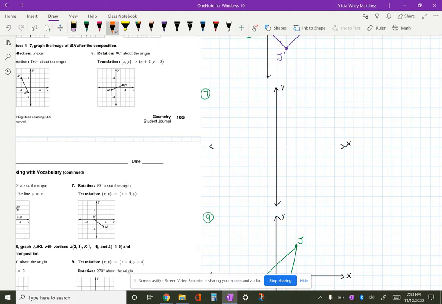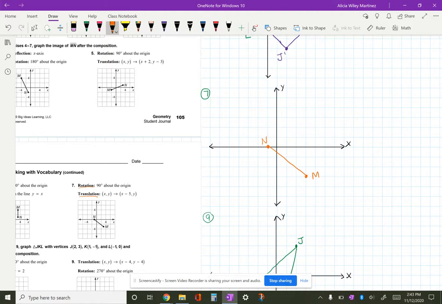It looks like we're at -1, 0 for N, and then we're at 3, -3 for M. And then this is just a segment that you have to transform. So you're going to do two transformations. You're going to do a rotation and then you're going to do a translation. So I'm going 90 degrees counterclockwise.